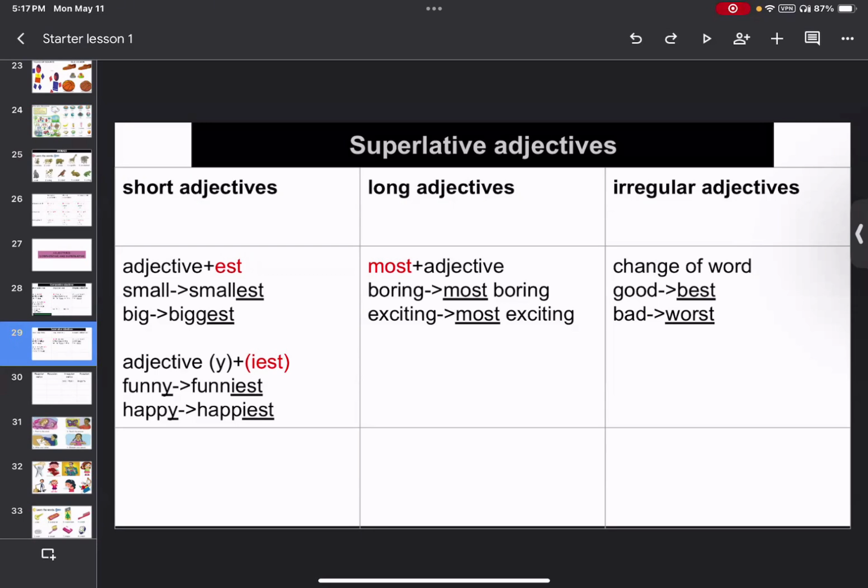To compare, but to show the best. They're not to compare, like comparatives are to compare.